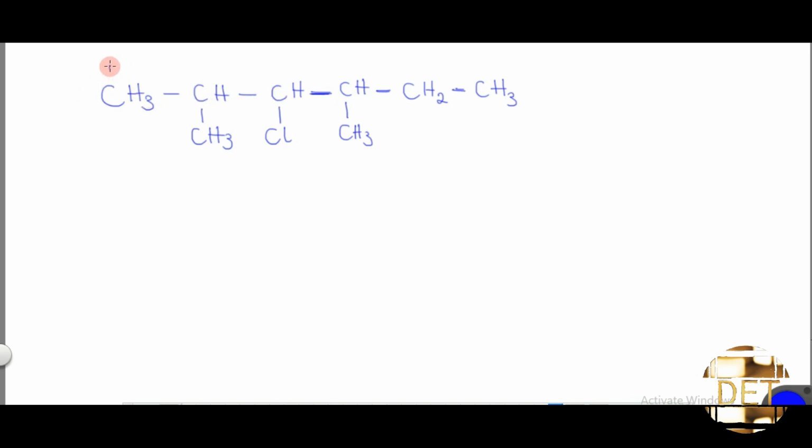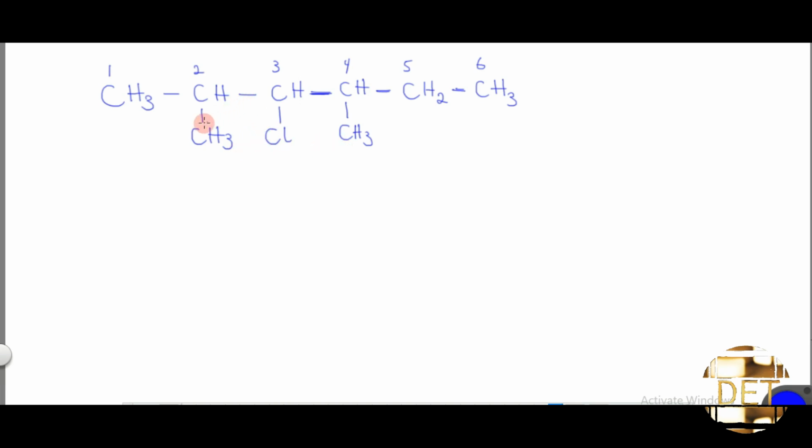So this is 1, 2, 3, 4, 5, and 6. We've identified the longest continuous carbon chain, and we started numbering from the side where we have the lowest numbers assigned to the substituents.